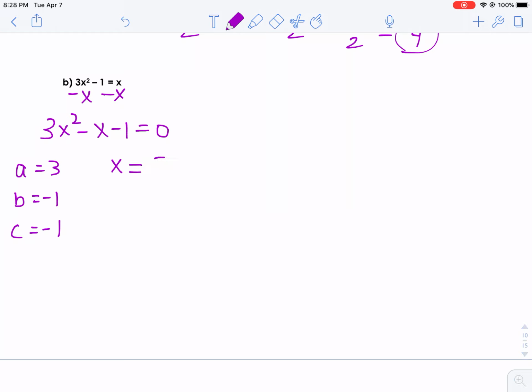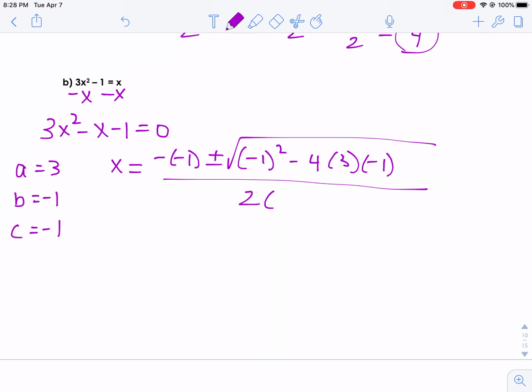X equals negative b plus or minus the square root of b squared minus 4ac all over 2a. So our denominator would be 6. We would end up with a positive 1 plus or minus.